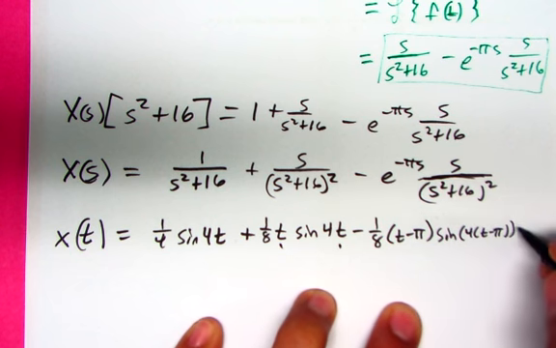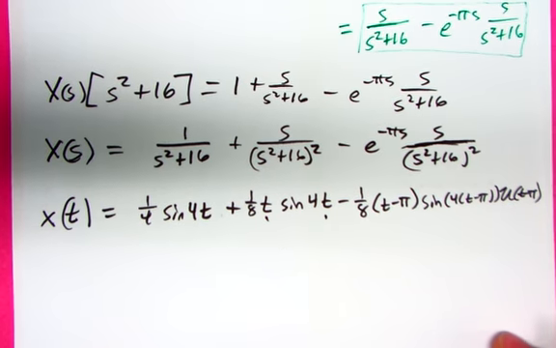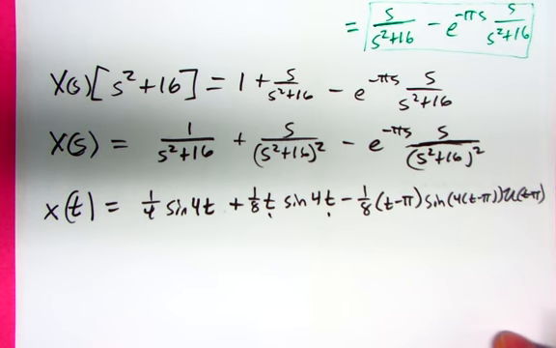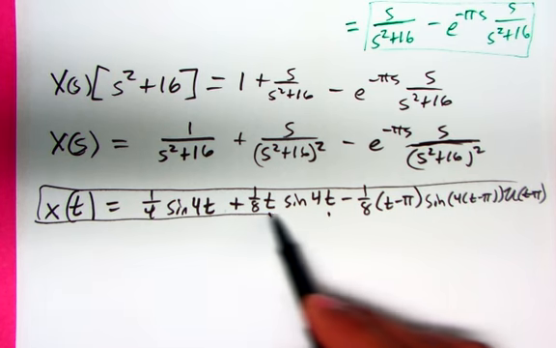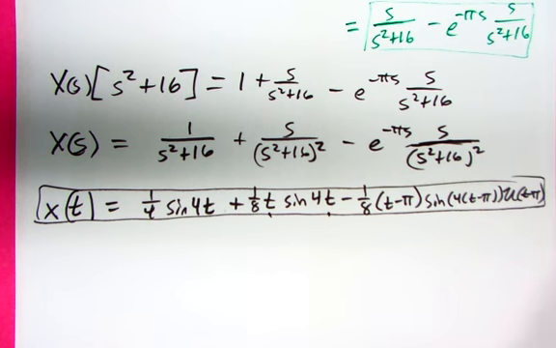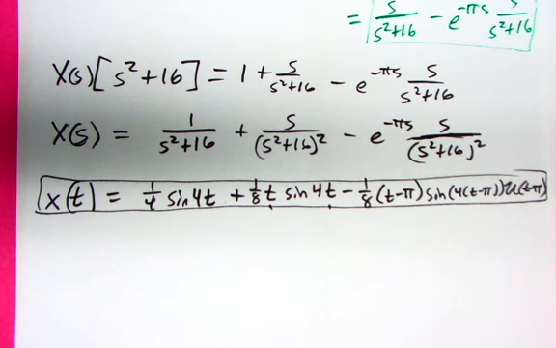And then we have to apply the unit step function at t minus pi. Okay, so this would be the solution to the equation. And that's where we were going to stop yesterday.